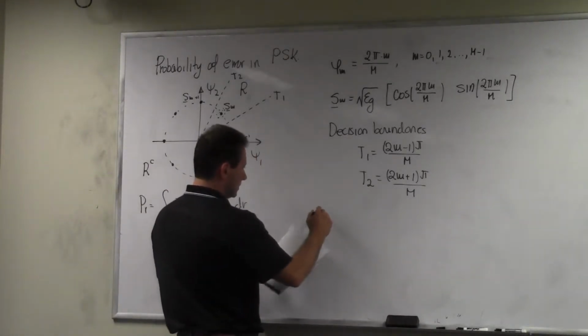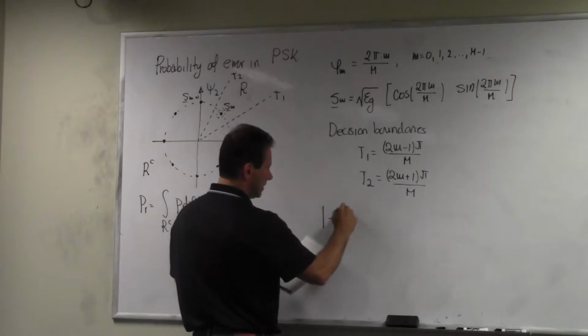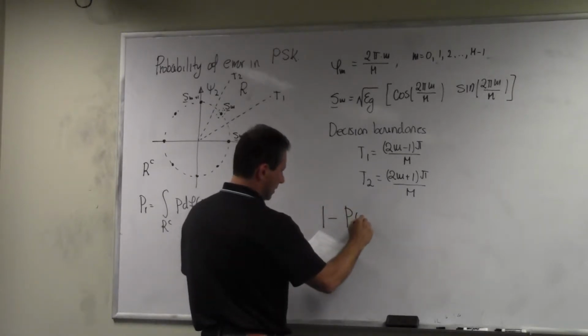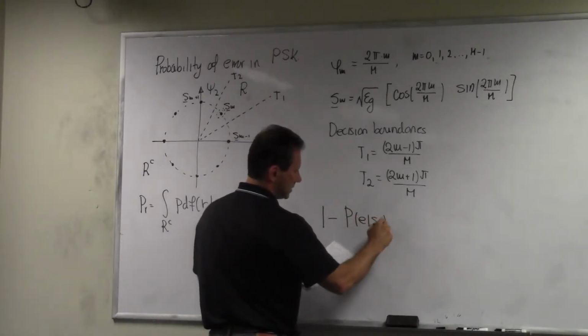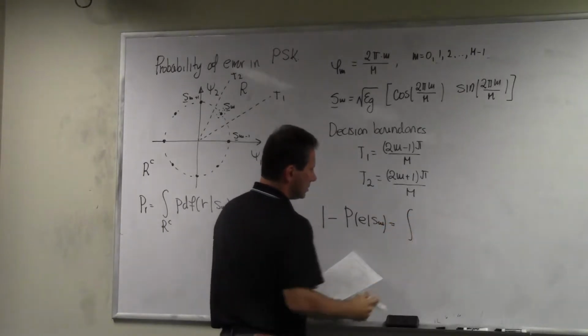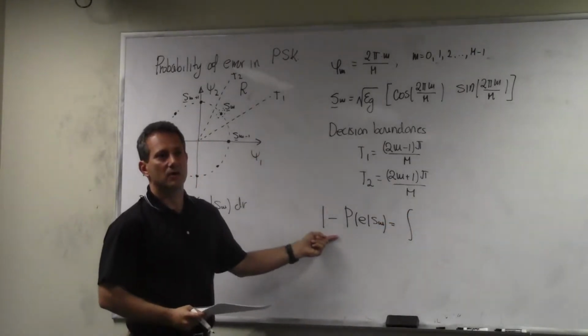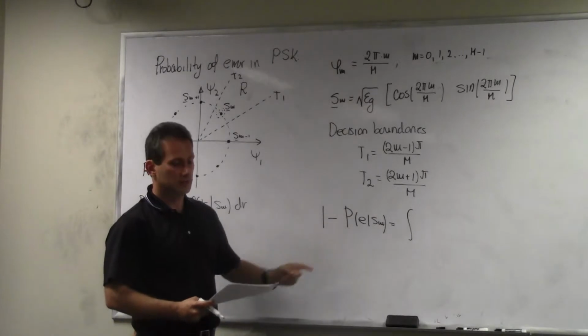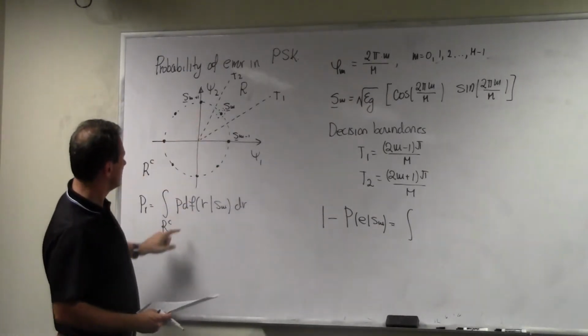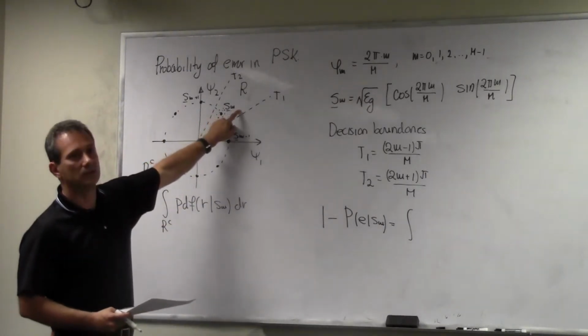And then this guy here can be rewritten more specifically. Let me just rewrite this as 1 minus the probability of error given that Sm has been sent as an integral, which is now the probability of making a correct decision, right? 1 minus probability of error. So instead of integrating over r's complement, I'm going to integrate over r.